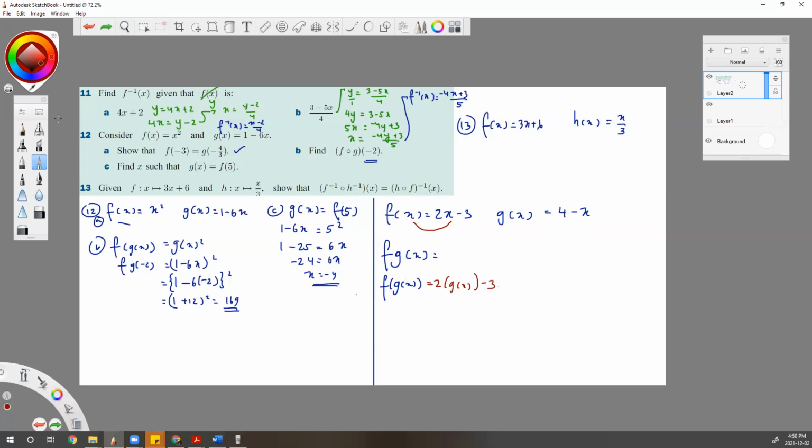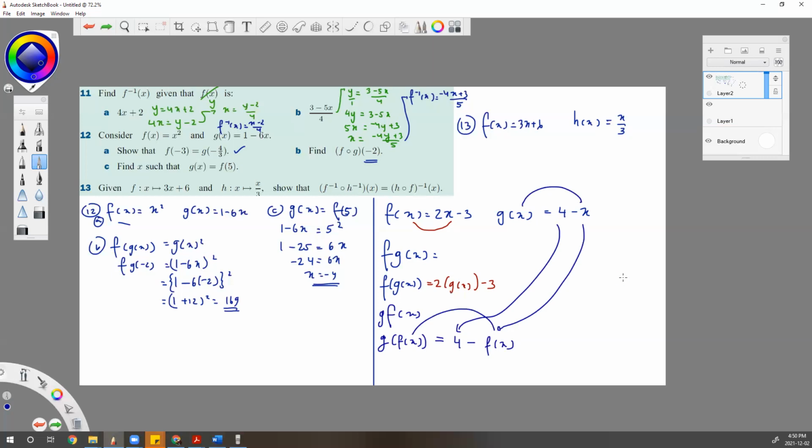Vice versa, if I want to do gf(x), I put f inside g. So if g(x) equals 4 minus x, so gf(x) equals 4 minus f(x), right? Because x becomes f(x).